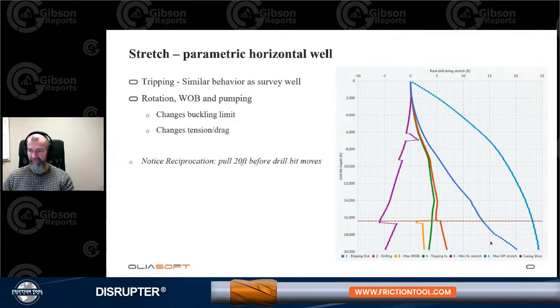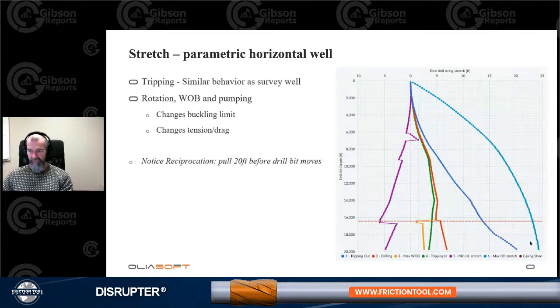So I basically did the same thing here, but I've added also, now that we used it, the stretch for the minimum hook load here as this purple line, and with the maximum overpull stretch here. And you can see that you can pull this string quite far before it actually breaks. So you can also take this information out from this sort of plot.